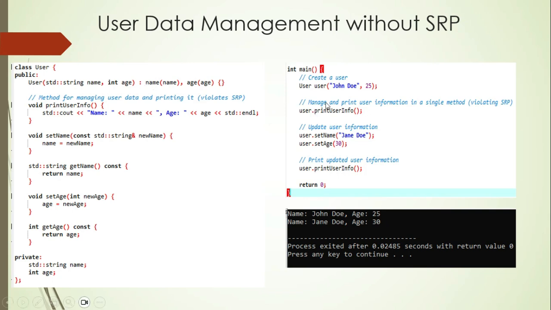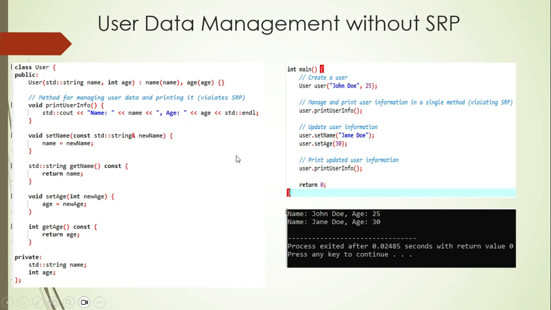Now what is this? user.printUserInformation. It manages and prints user information in a single method. So this printUserInformation is a method of the class to which this user object belongs, and when this method is called, name and age are shown. Now for updated user information we have user.setName, user.setAge, and then call this method again.